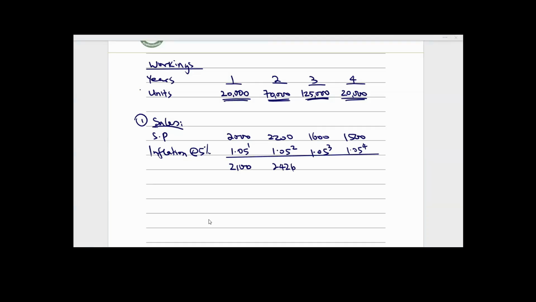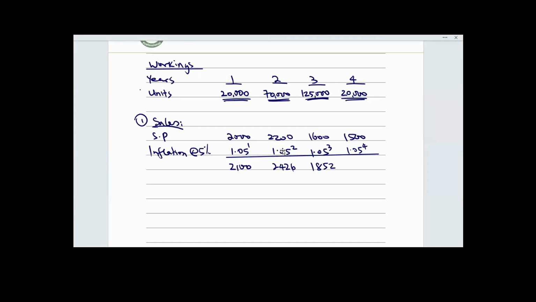Again, 1.05 raised to power 3 equals 1.157625, multiplied by 1,600 equals 1,852. Here is 1,852.